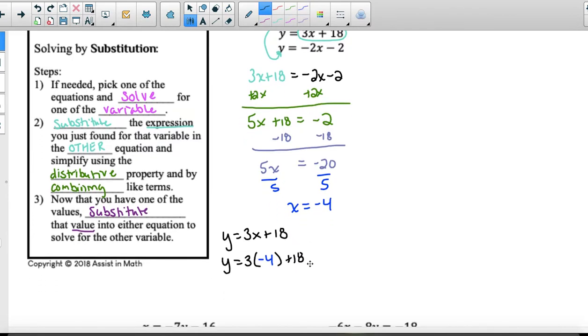To simplify, 3 times negative 4 is negative 12, so y equals negative 12 plus 18. y is equal to 6. So the x value is negative 4 and the y is 6. Our solution is negative 4, 6, because this is our x, this is our y.